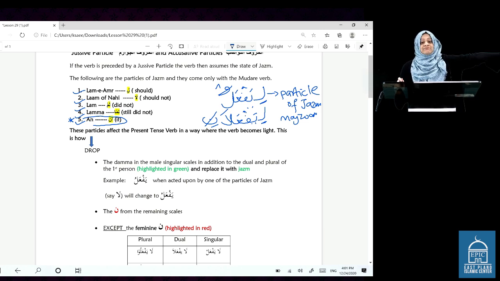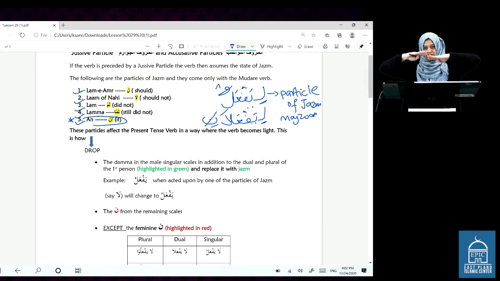We've learned that from when we were doing the command verbs. We don't touch the feminine noon. So the meaning of li is should. If I want to translate this one, yaf'alu means to do.